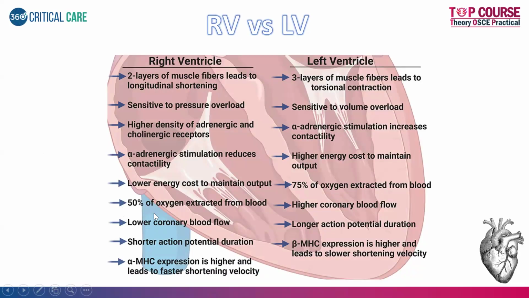The oxygen extraction is also comparatively lesser, probably because of the thinner structure of the right ventricle. So given these things, the right ventricle is more sensitive to a pressure overload state as compared to a volume overload sensitive left ventricle. These three things are majorly the ones which differ between the right ventricle and the left ventricle.